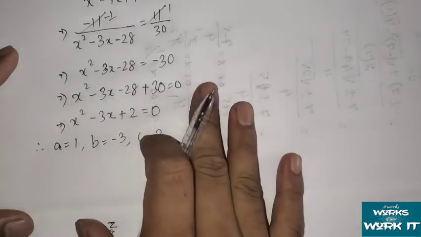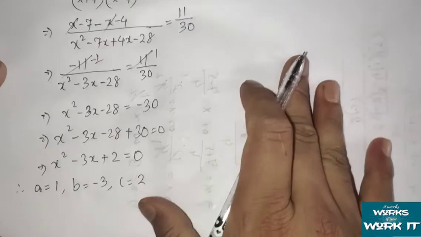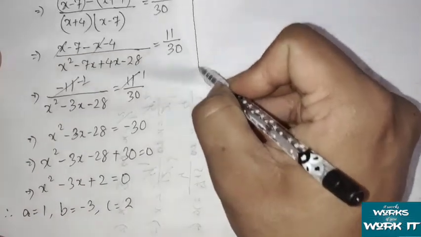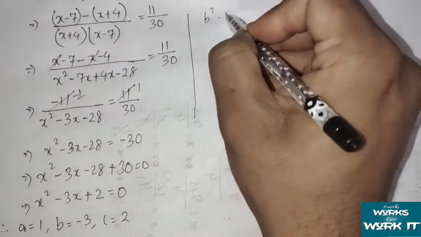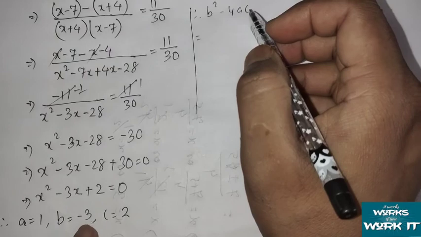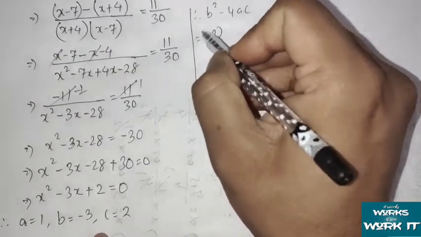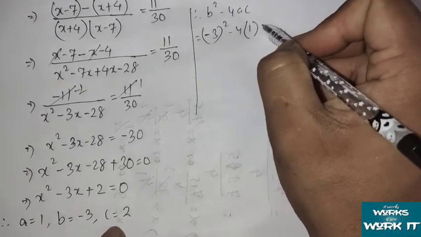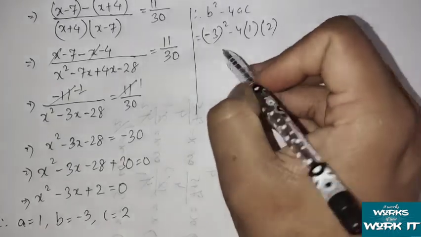Now we will check the existence of roots using b square minus 4ac. What we have got: b is minus 3, a is 1, c is 2.